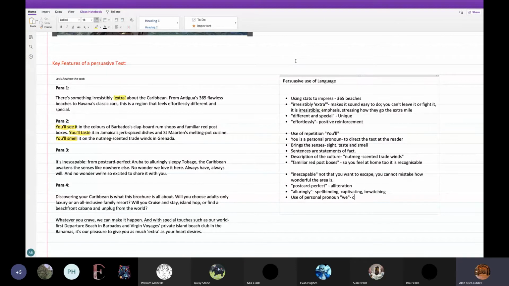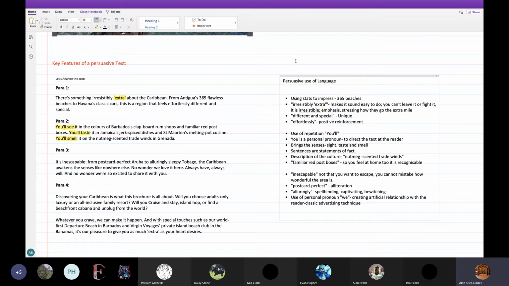Yes, it's all about creating a relationship. And what we've got here is this kind of classic advertising technique.